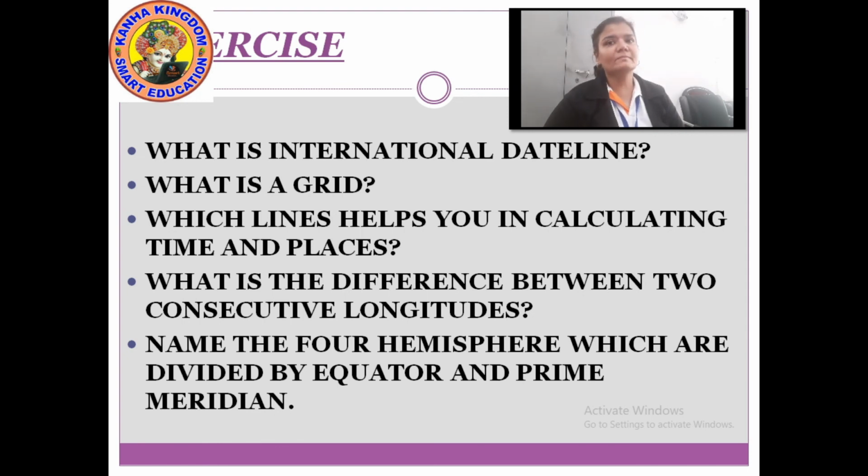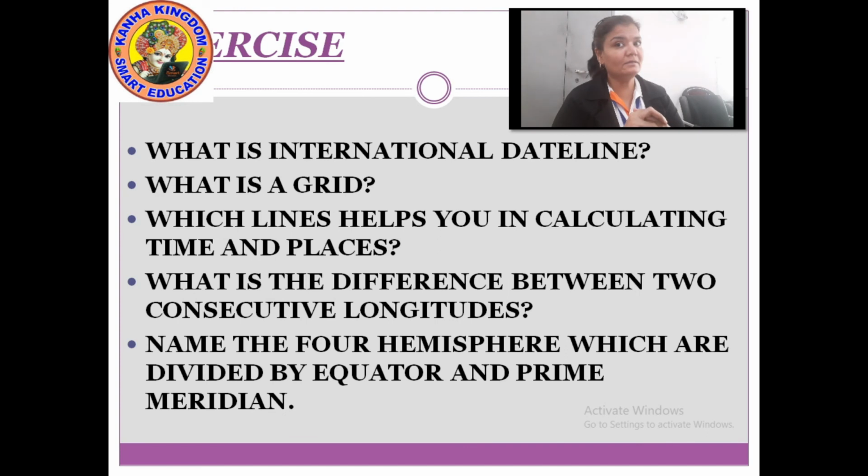Now our next question is, which line helps you in calculating time and places? It is the longitude. The longitude helps you in calculating time, and which line helps you in locating the places?